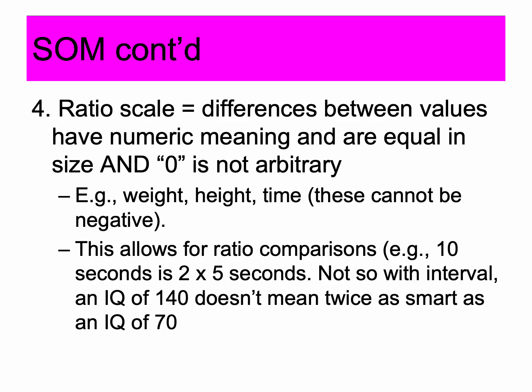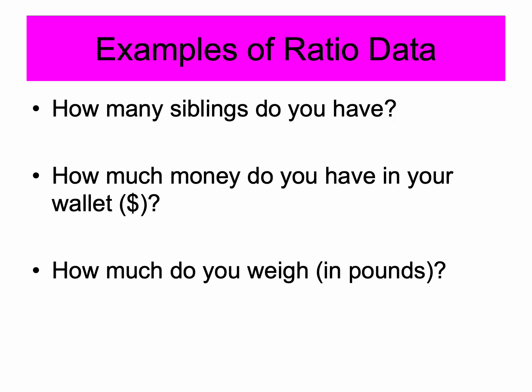So if you have 10 seconds, for example, you know that's twice as long as 5 seconds. That's not true with interval data. If you have an IQ of 140, for example, it doesn't mean you're twice as smart as somebody with an IQ of 70. Other examples of ratio data: how many siblings do you have? If you have 0 siblings, you have no siblings.